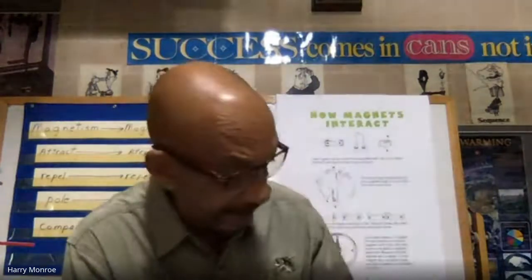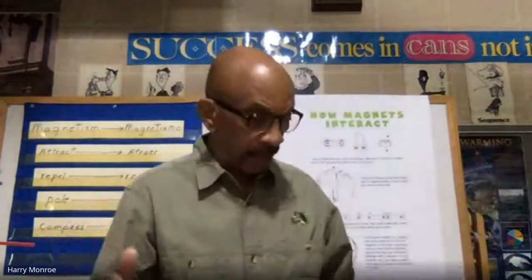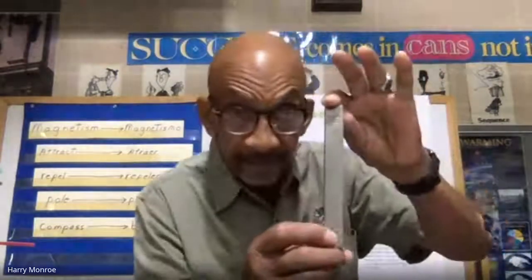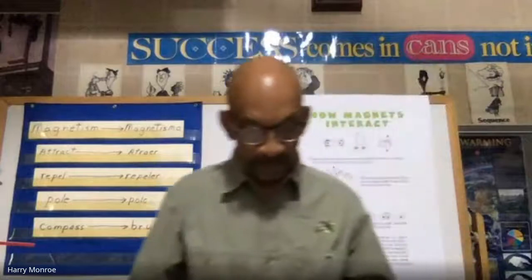Of course, the magnets that we're familiar with come in different forms also. The most common forms of magnets that we see are the horseshoe magnet, the bar magnet, and the ring magnet. Those are the most common that we know about, okay?